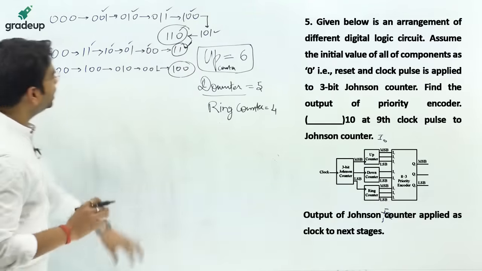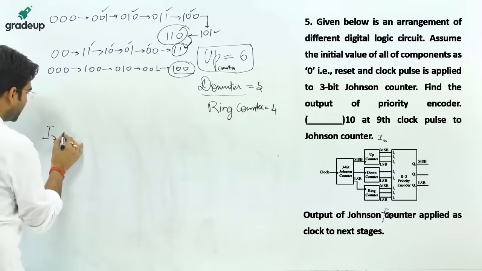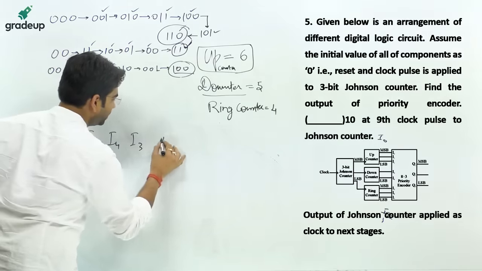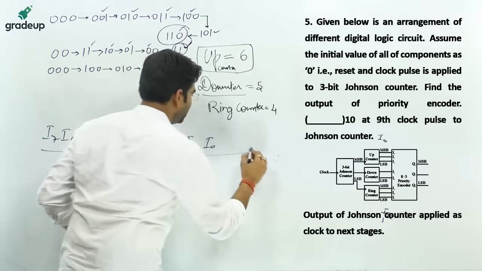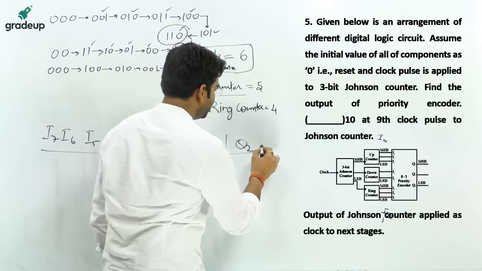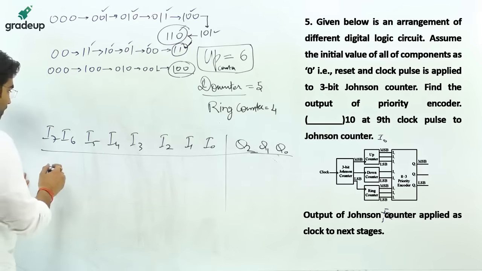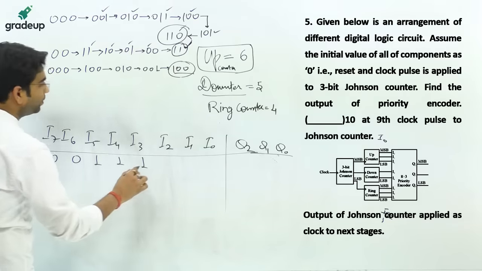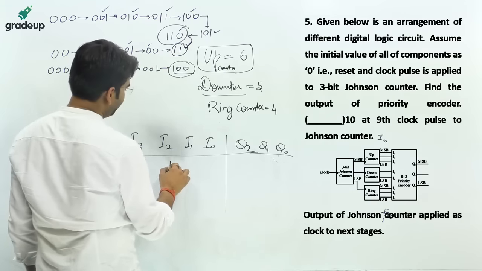Now the output which you are getting, 1 0 0, it was I7, I6, I5, I4, I3, I2, I1, I0, okay. And the output of the priority encoder will be Q2, Q1, Q0. Okay friends, that is Q2, Q1 and Q0. So the value of bits are 0 0 1, 1 1, and it is 1 1 0, so it will be 1 1 0.